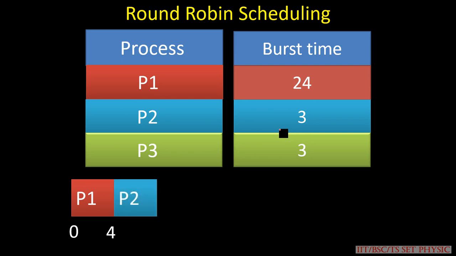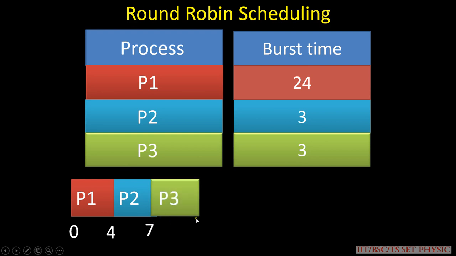P2 would also be stopped at 4 milliseconds, but P2 completed at 3 milliseconds, meaning it had already completed when stopped. So P2 completed at 7 milliseconds. Then at 7 milliseconds P3 started, and the quantum is 4, but it completed early, after 1 millisecond. The value is 7 plus 3, which is 10.